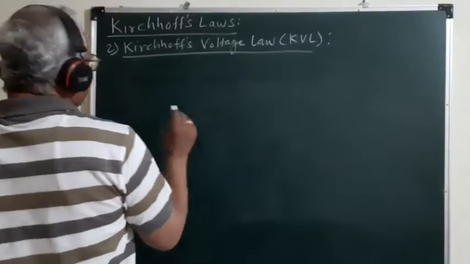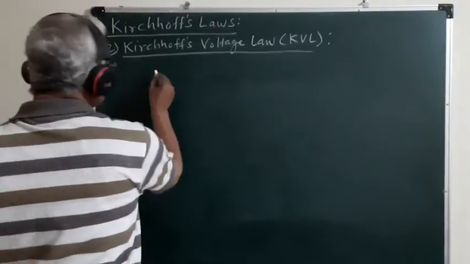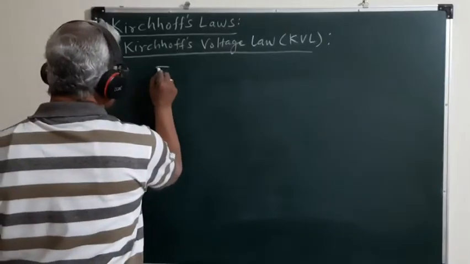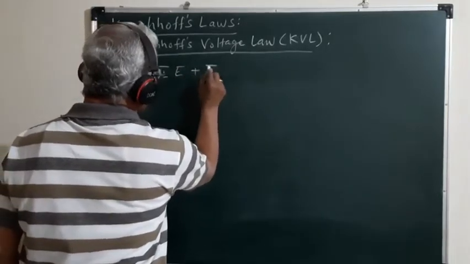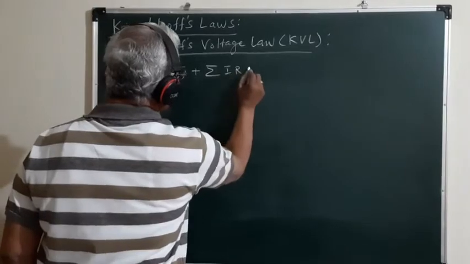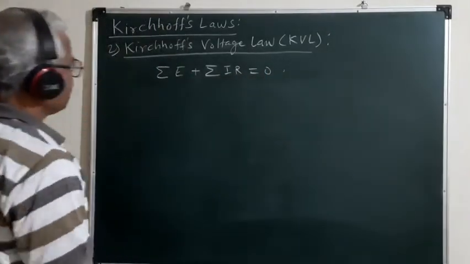So, we can mathematically express this Kirchhoff's voltage law as summation E plus summation IR is equal to 0.